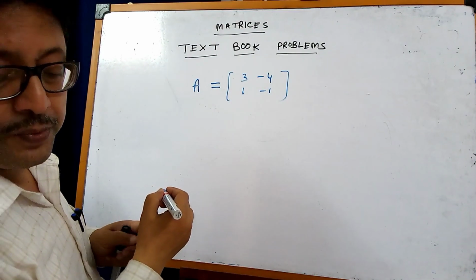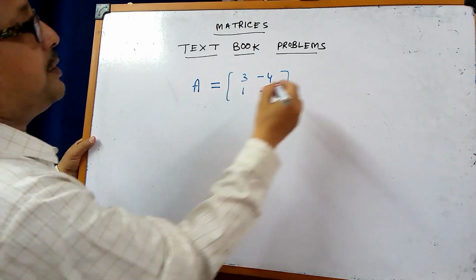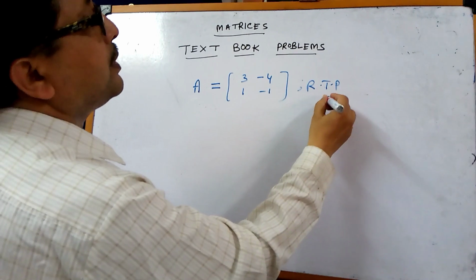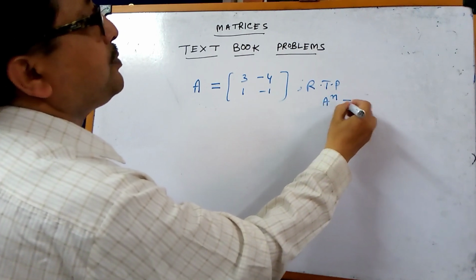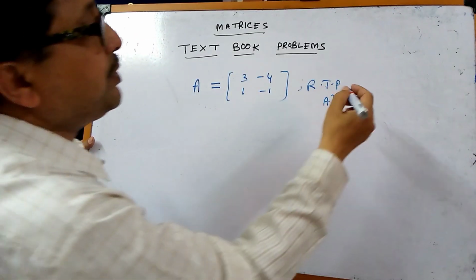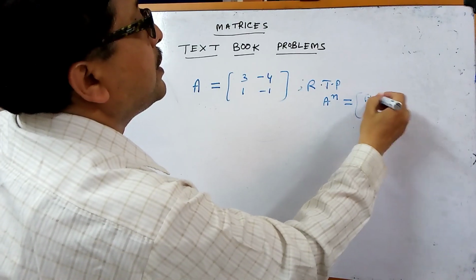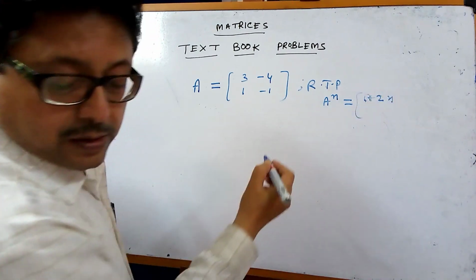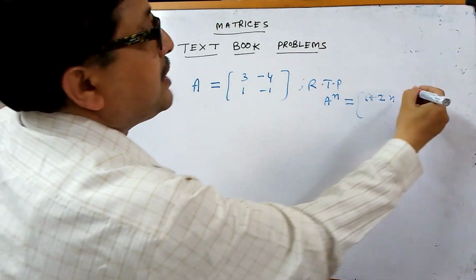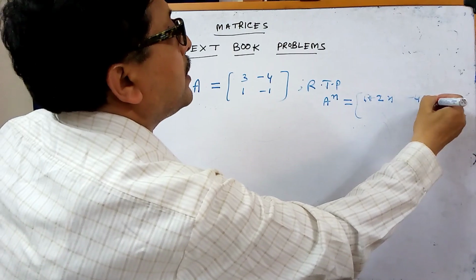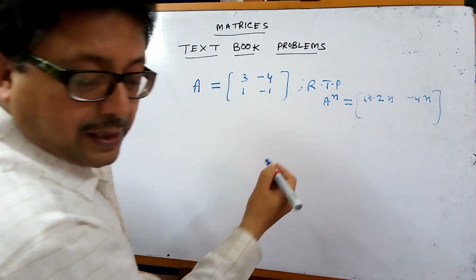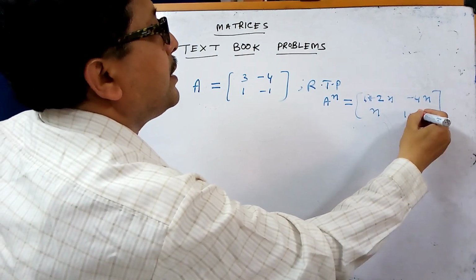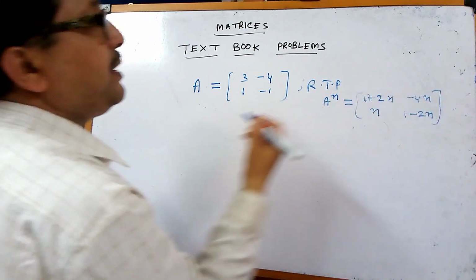We are required to prove that A to the power n equals 1 plus 2n, minus 4n, and then n, 1 minus 2n.